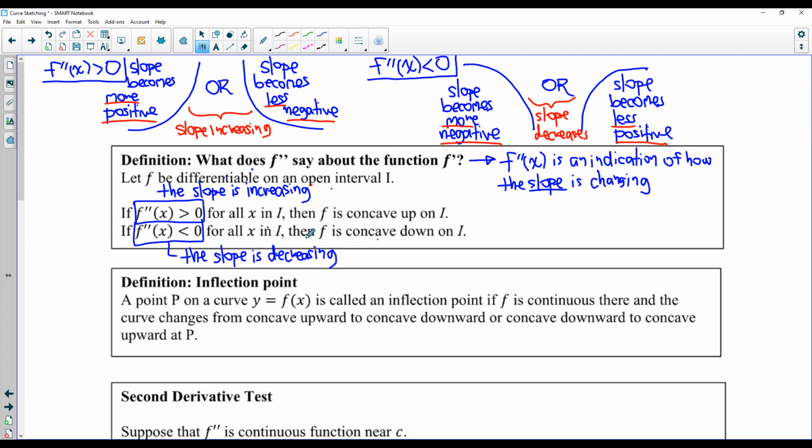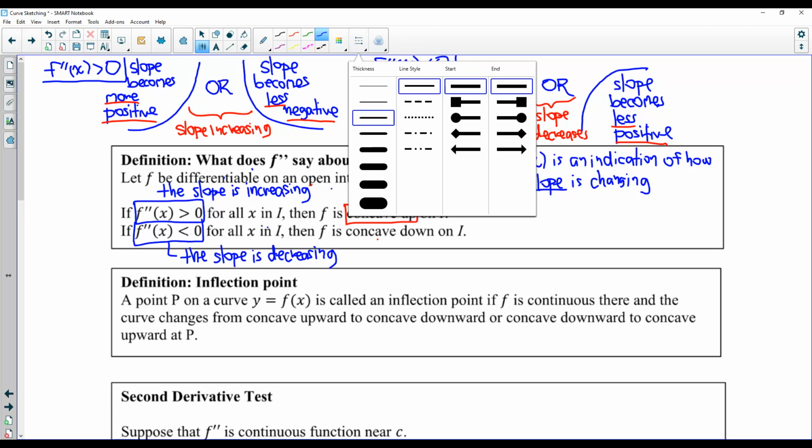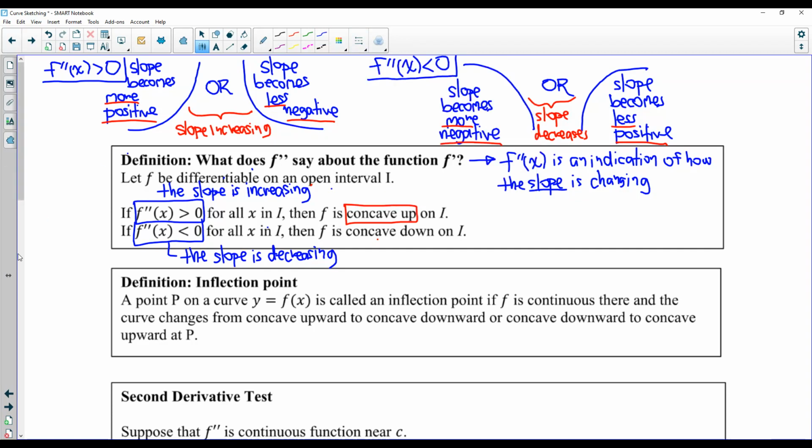Now, whether the slope is increasing or decreasing, they are attached to very specific words. So the first one we're going to look at is a word that's referred to as concave up. Okay, I'm just going to draw a little grid over to the side here to show you the difference between the two of them. Okay, concave up just means you have, like, what's the best way to explain this?